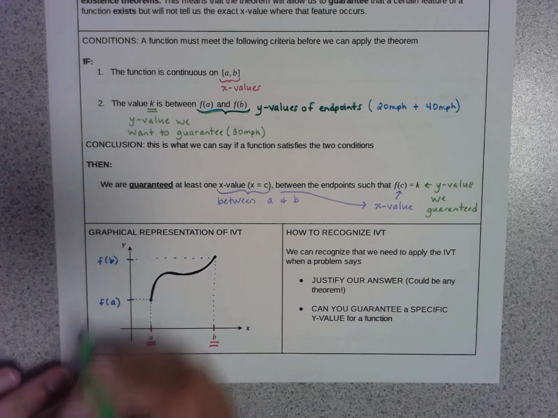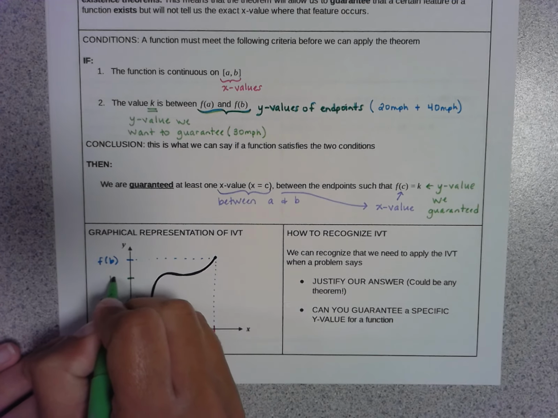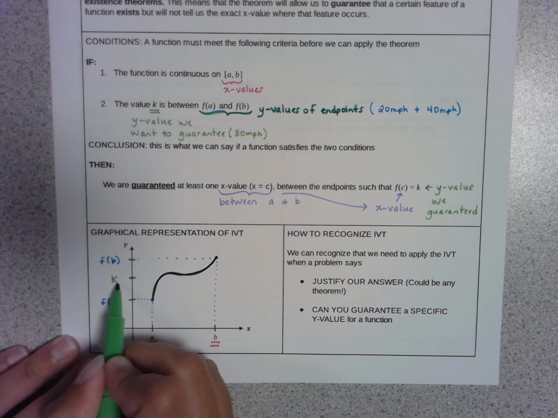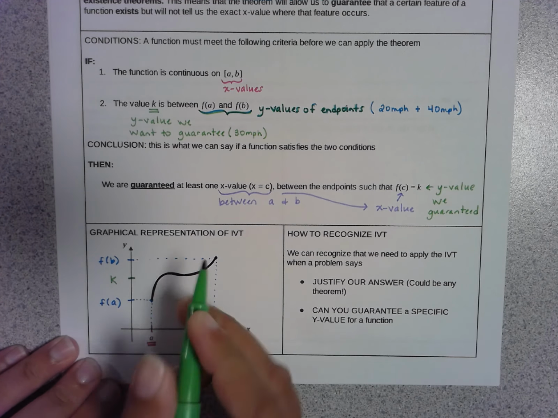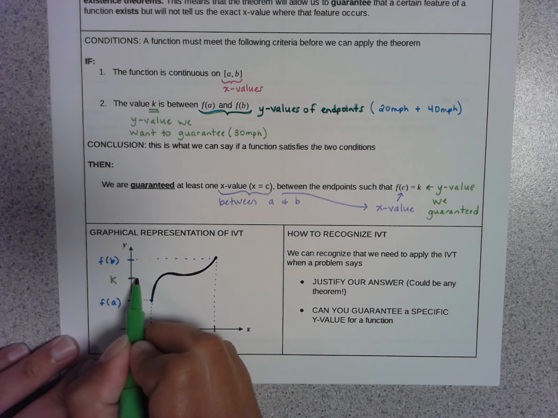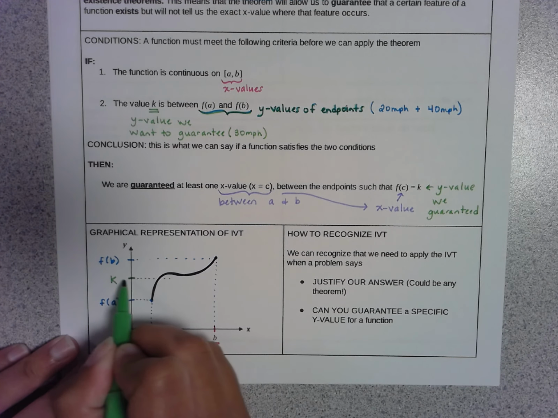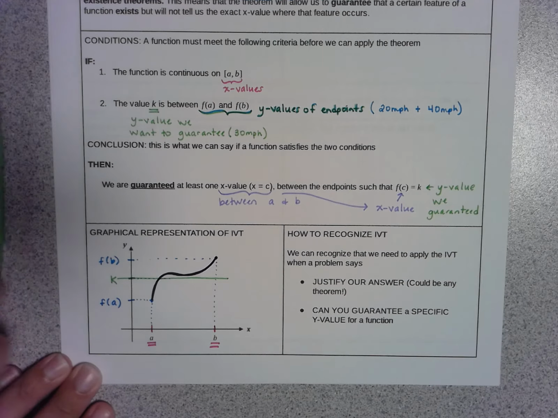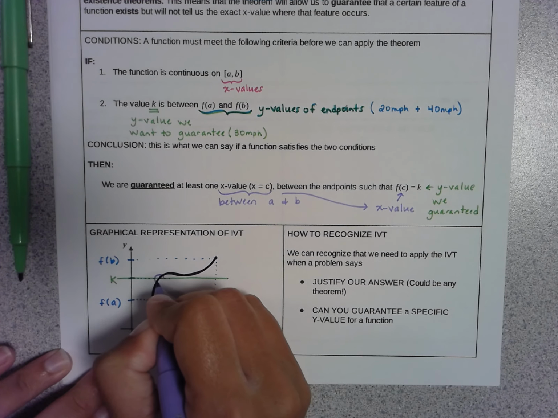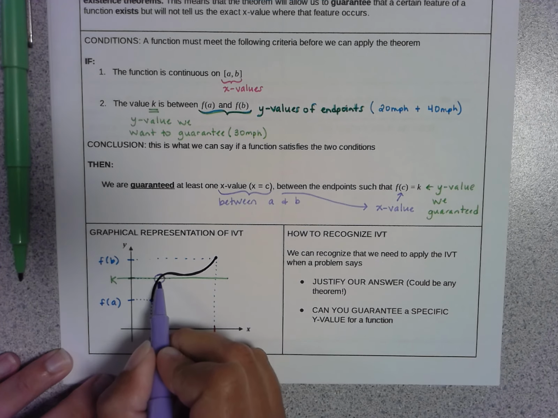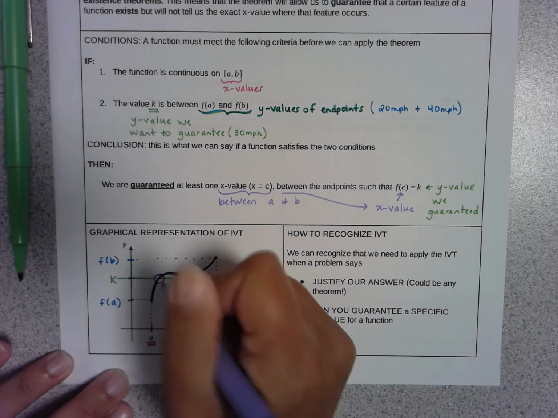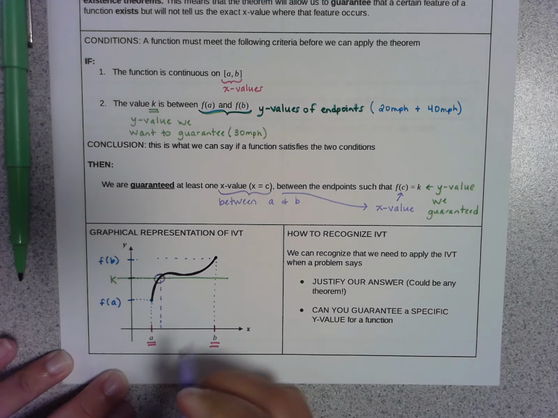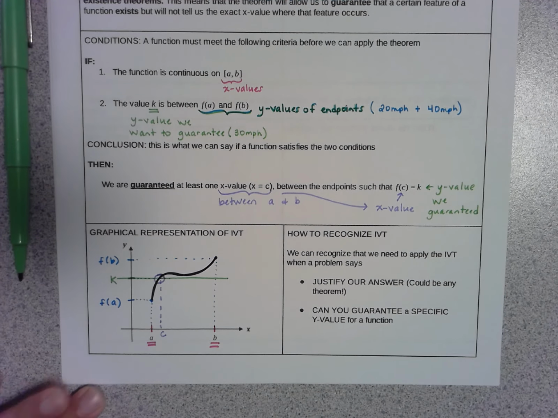Now, if we choose a k value that is in between these two y values, so remember the k value is a y value that's in between these, the intermediate value theorem says that because this function is continuous, there must be a place on the graph where we have a point that has that y value, and we call the x coordinate of that point c.